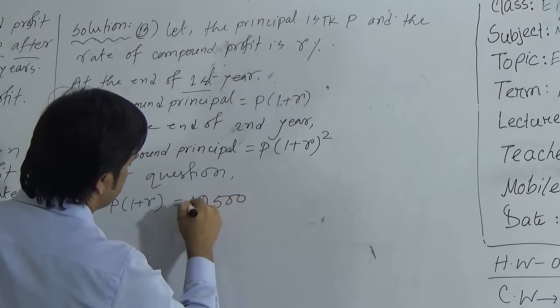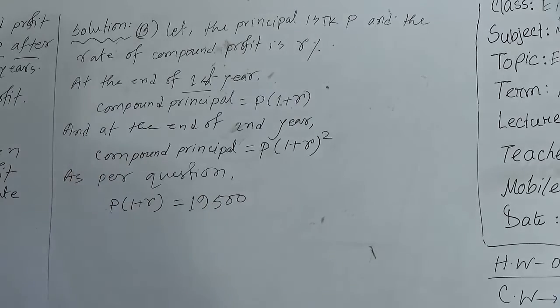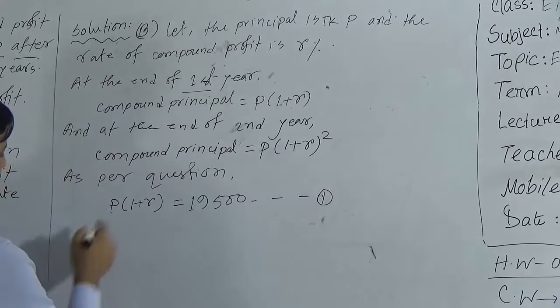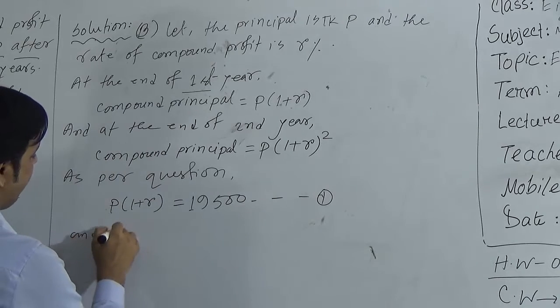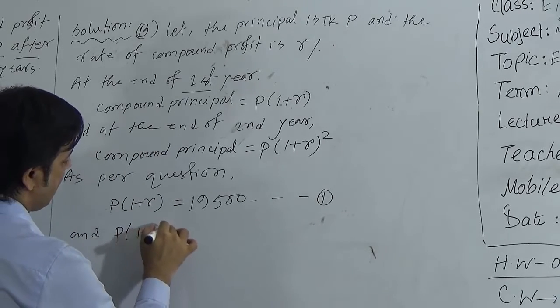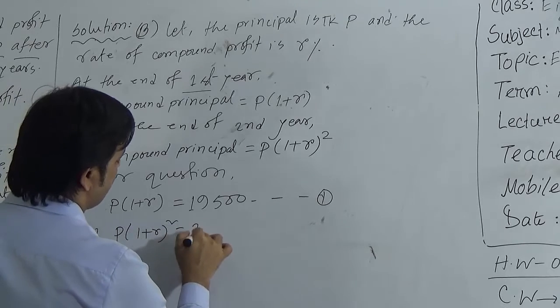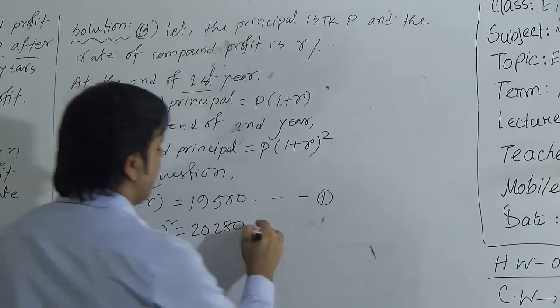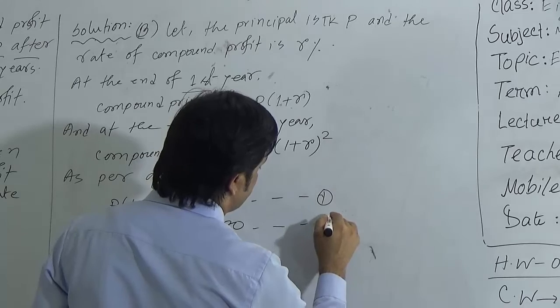Not 1000, that is 19,500. This is equation 1. And another condition, P into 1 plus R whole square, equal to 20,280. This is equation 2.